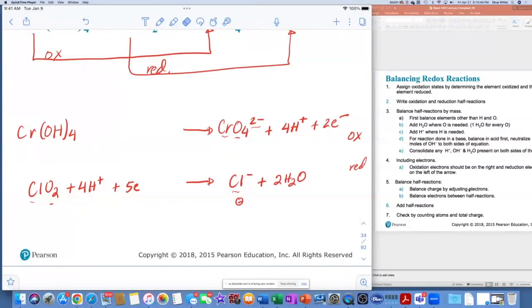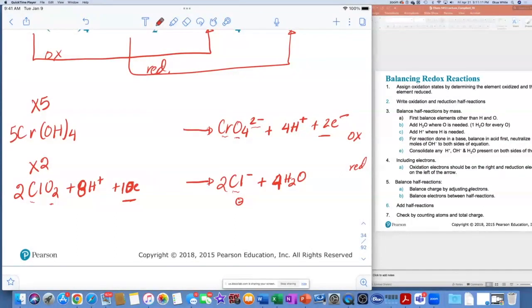So I'm going to write it up here so I can see it, times 5. Then multiply the second reaction by 2, okay, to make this 10 and make this 10. So I'm going to put 2 here, 2, then I'm going to put 8, and this is going to be 10, right? 2, 4, correct?